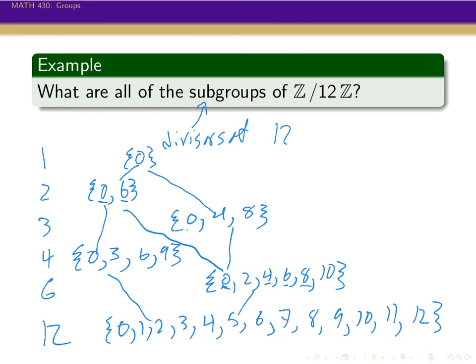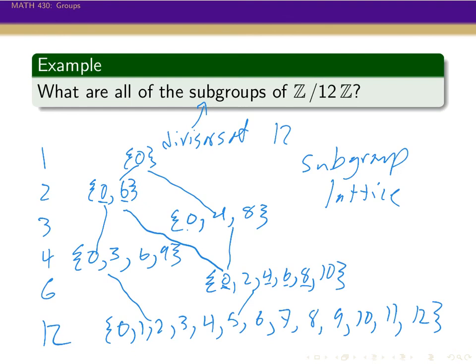Okay, and so this is what's called a subgroup lattice. I actually might have done this a little bit upside down from the way this is normally done. Often you would have the whole group on the top, and the trivial group on the bottom, with the subgroups getting bigger as you go up.